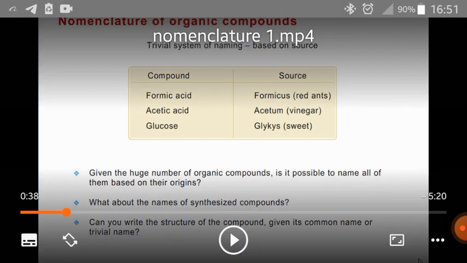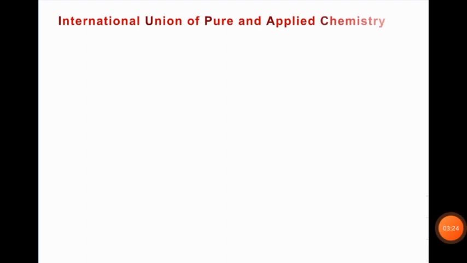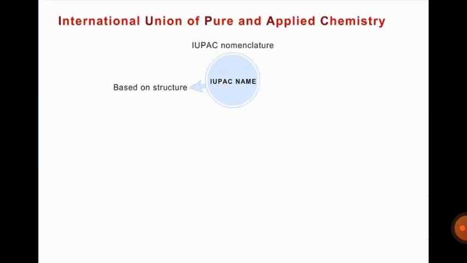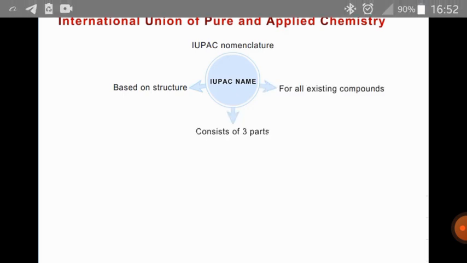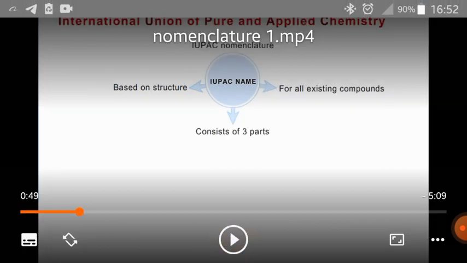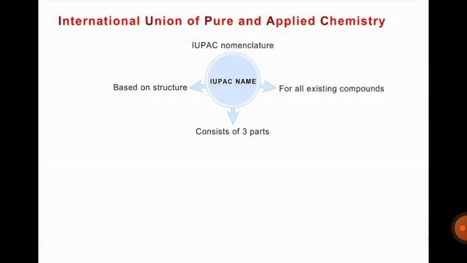So let's see. That's how the International Union of Pure and Applied Chemistry came into the picture, and that's why it is called IUPAC. IUPAC has suggested a particular method to name organic compounds. As per the IUPAC nomenclature, the IUPAC name is based on the structure.